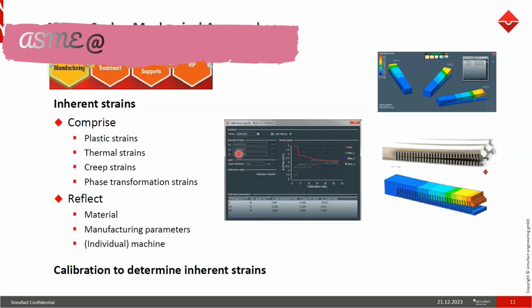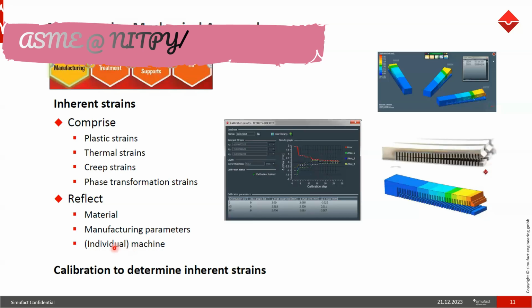Okay, how the strains will be for this particular material, for these particular machine parameters that we are trying to use. Okay, so this kind of strain reflects the material, manufacturing parameters, and the machine. Different machine manufacturers will have different manufacturing parameters, so these strains will vary according to that.